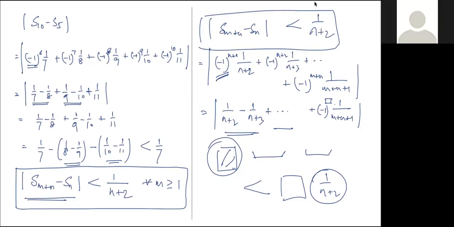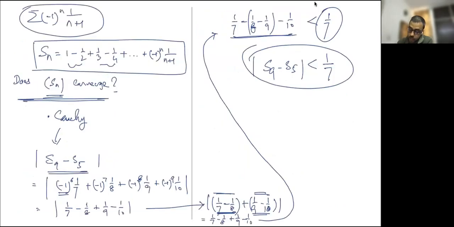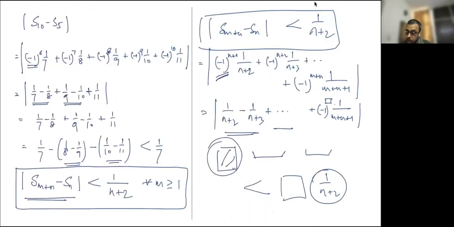What if n plus 1 is odd, then shouldn't it be minus? No, so I have covered both S10 minus S5 and S9 minus S5. You look at the two cases, you will see that whether m is odd or even, it will not matter. N you are taking care of by taking this power out.